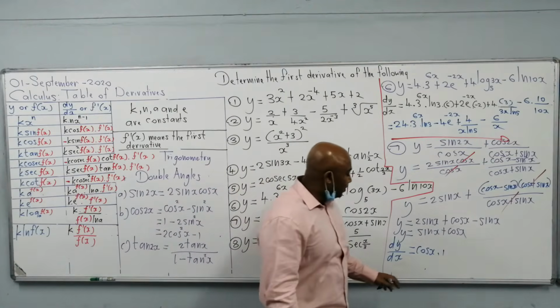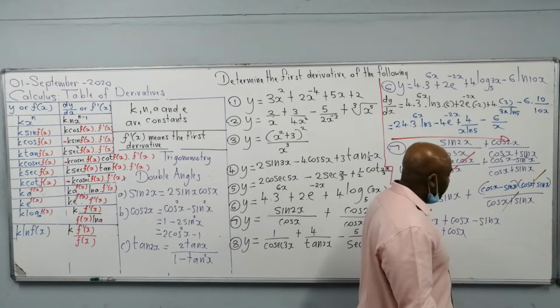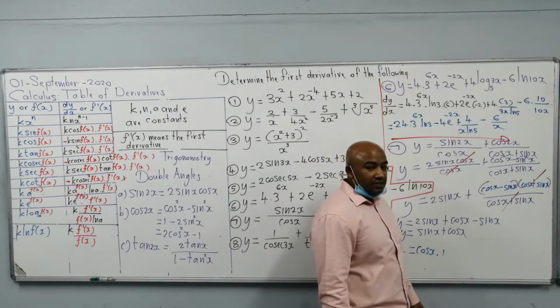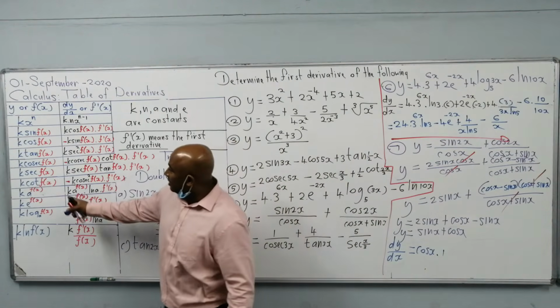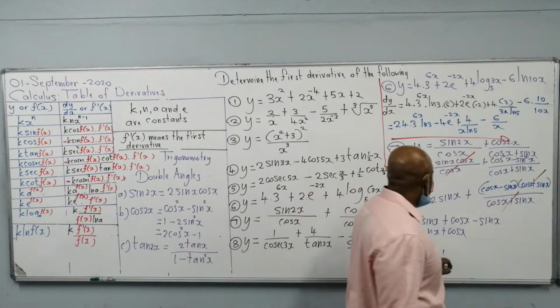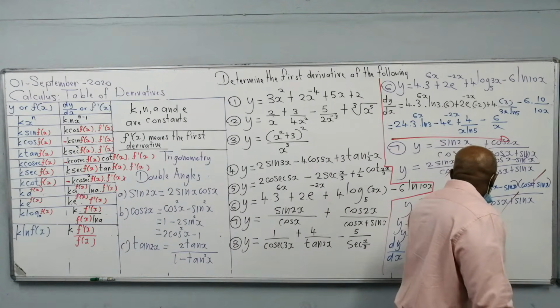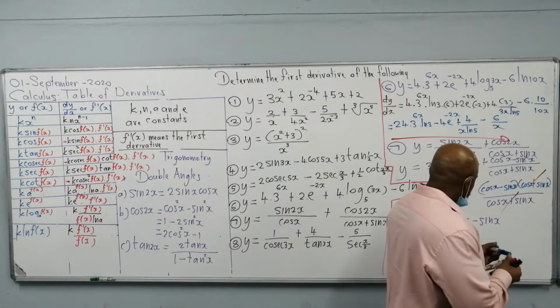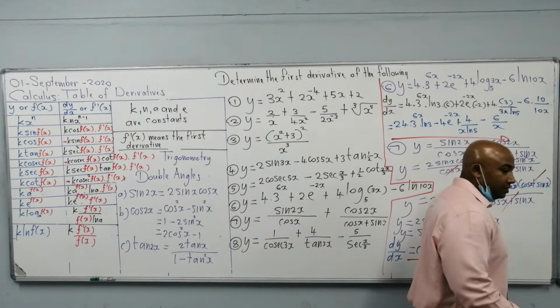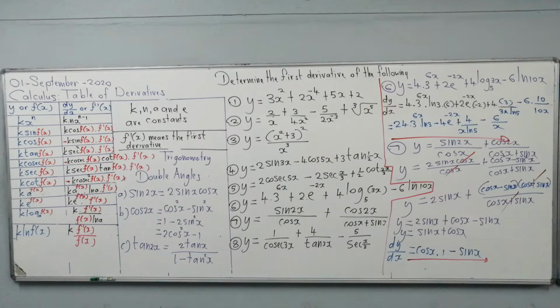You don't have to write down the 1, but the fact is, you need to know that it's supposed to be a 1 there. Then the derivative of cos, what is the derivative of cos? Here's your cos, it's going to be negative sine. So that's going to be minus sine x. Nothing to simplify there. So that is the solution. Let's move on to the next one.